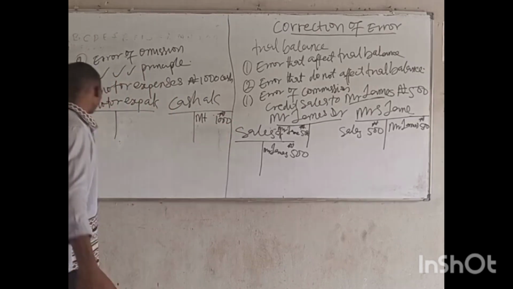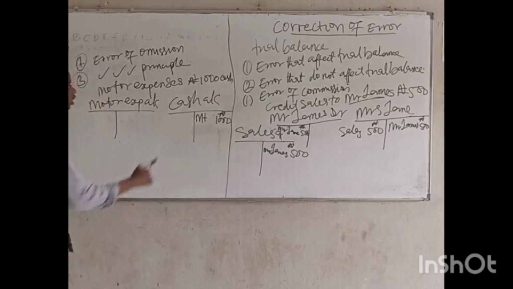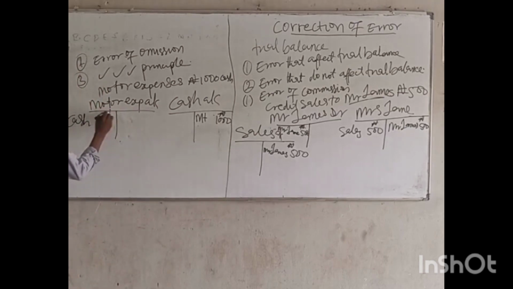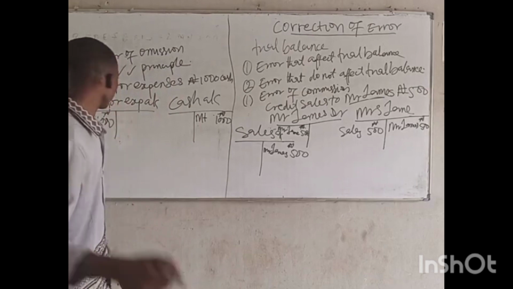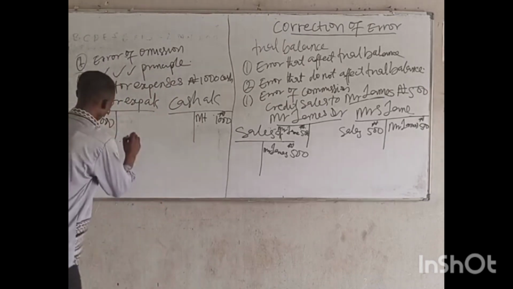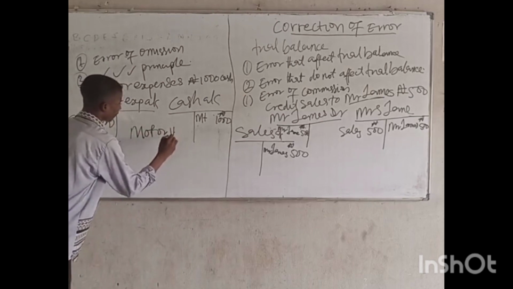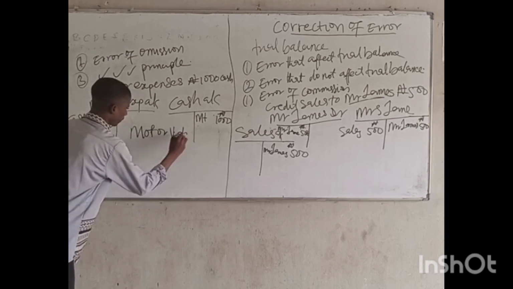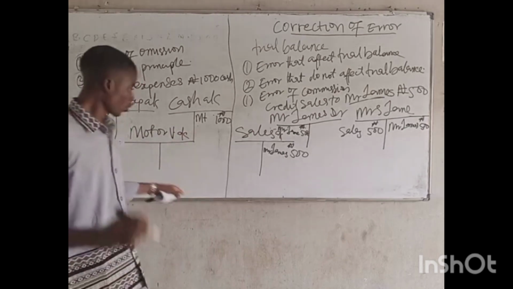And then when you come over to the motor expenses, you debit it in the name of cash, 1,000 naira. But unfortunately, what was done was that instead of debiting motor expenses account, motor vehicle account was debited.